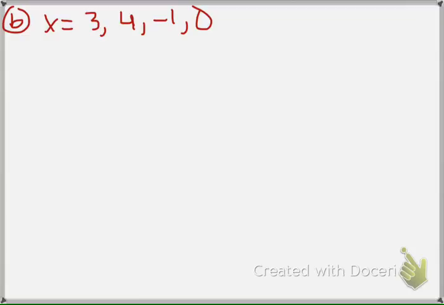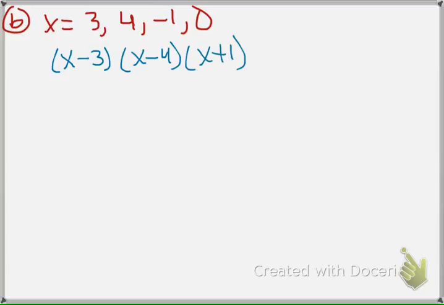And this is the last one. So what do we have to do? X equals negative... x minus 3. And then x minus 4. And then x plus 1. And x plus 3. And it's just an x, and we're going to put it up in the front because that's where it looks best.